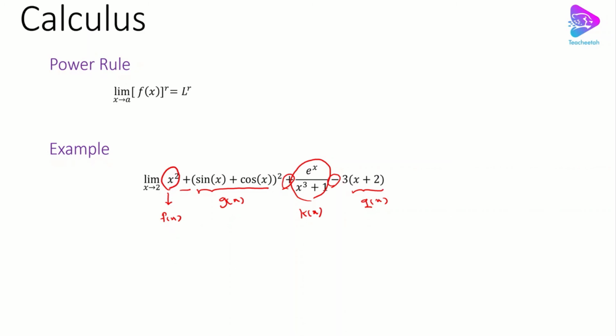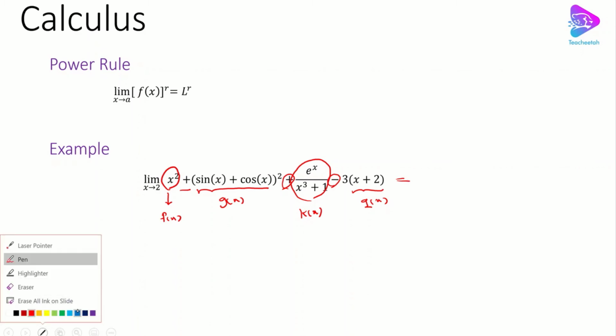In order to find the limits we have different approaches, but the first thing that we have to do is plug in the value that we are approaching. Here the value is 2, and the only thing we need to do is plug in 2 instead of x.